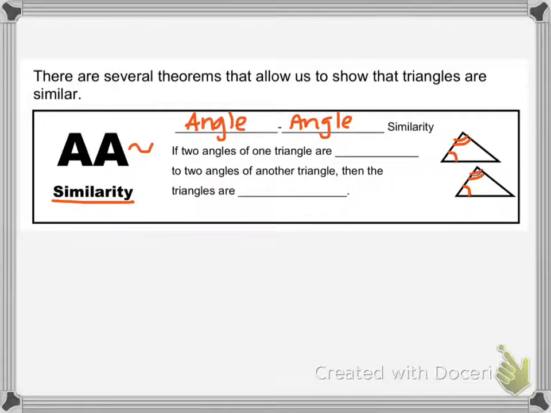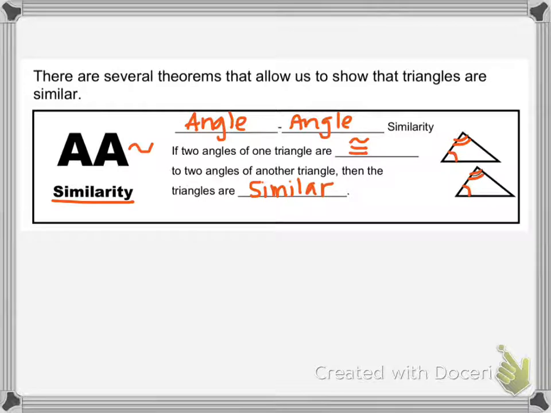But what this means is if I have 2 triangles and they each share 2 angles that are congruent or equal in measure, like the picture here, then that's enough information to say that the 2 triangles are similar. I don't need to know anything else about the other angle measure or any of the side lengths. That's enough information.